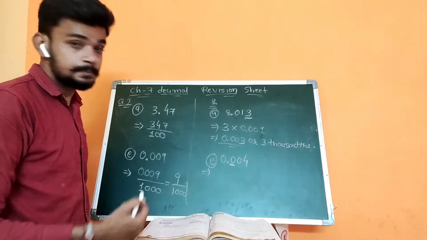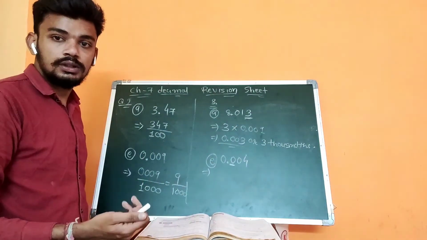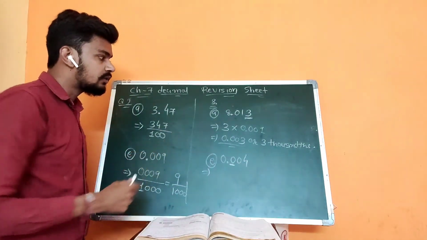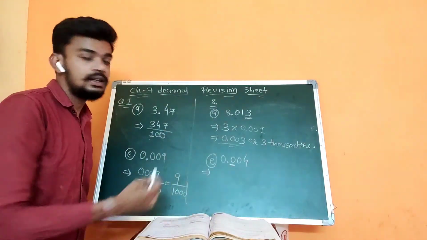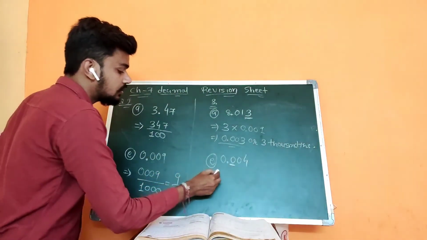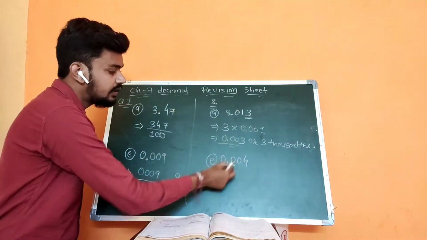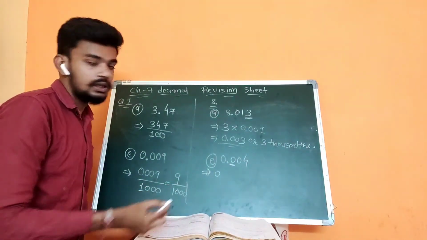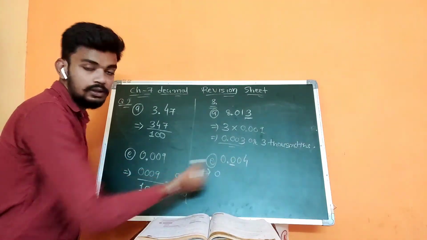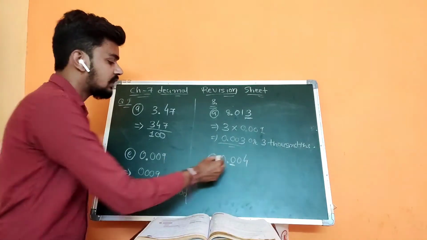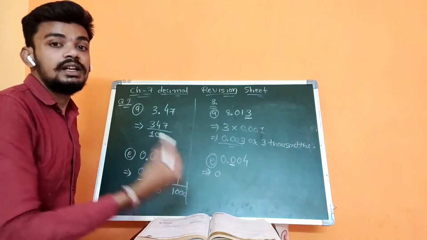Okay, let us do one more question. Question number E is 0.004, right? How can we do that? Again, first we have to find the place of whichever digit is underlined. We put the first 0 over here. Then find its place: the first digit after the decimal point is the 10th.